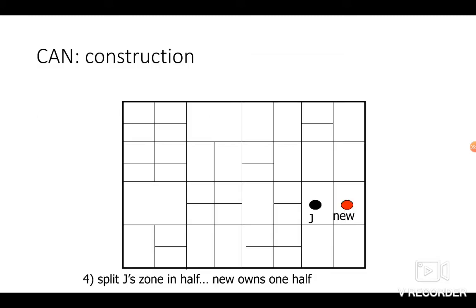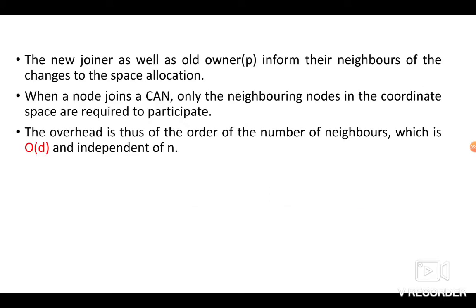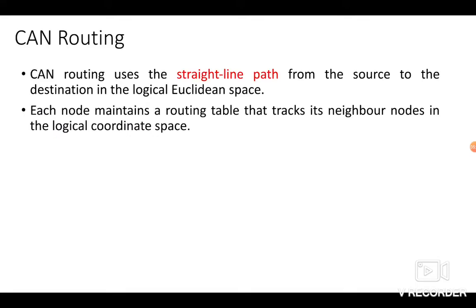This is how we assign a space to the new node. The new joiner as well as the old owner of the point inform their neighbors about the changes to the space allocation. The overhead of this algorithm is order of d, which is independent of n.